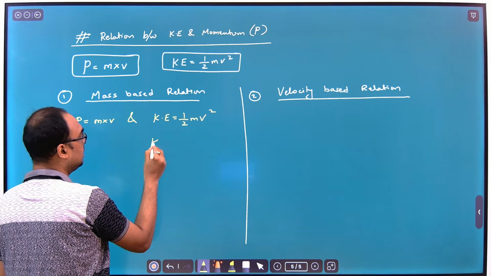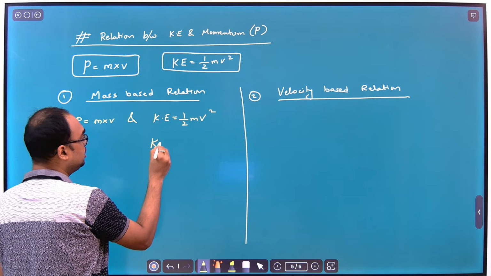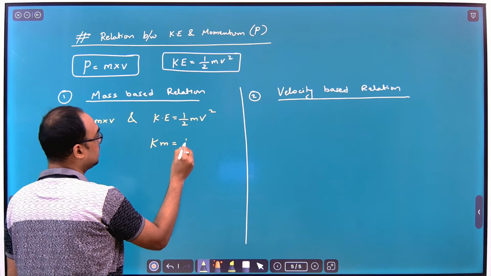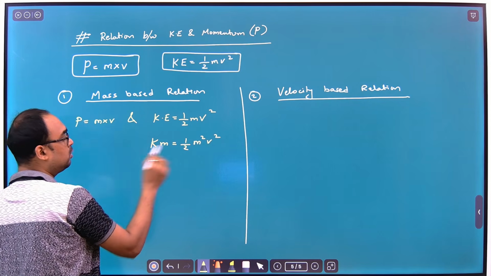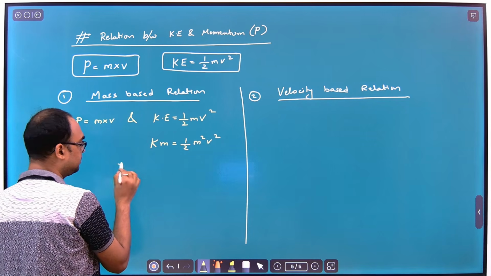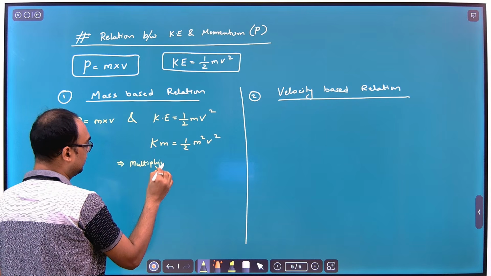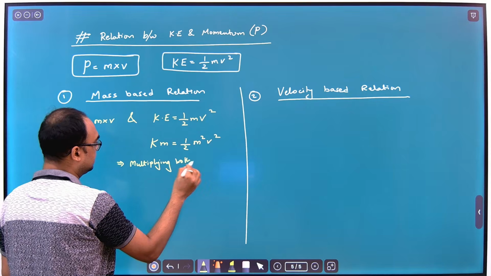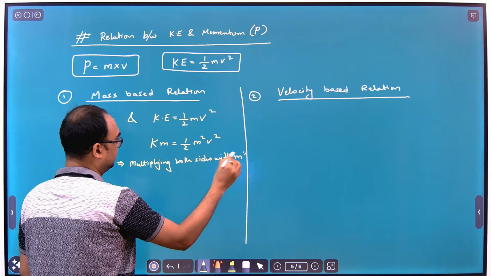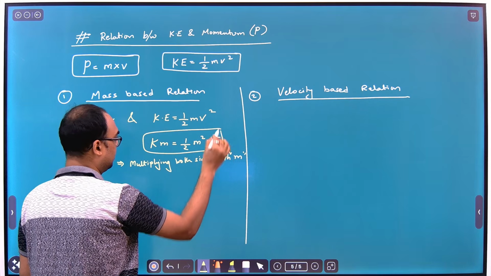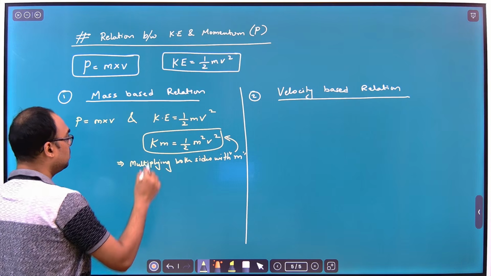Let me write kinetic energy only as K. Kinetic energy into mass, that is half into m square v square. Multiplying both sides with m. Clear?